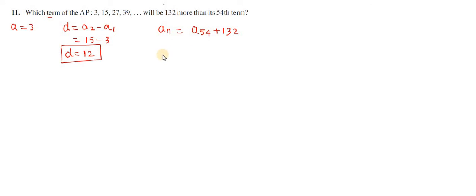We know what an is: a plus n minus 1 into d, which is equal to a54, that is a plus 53d, plus 132.